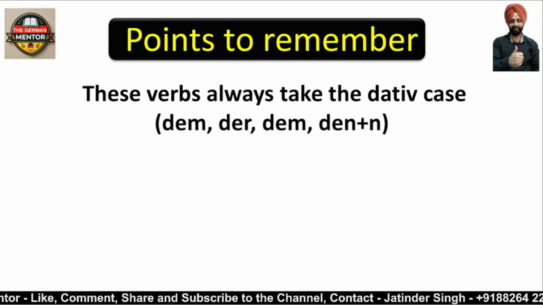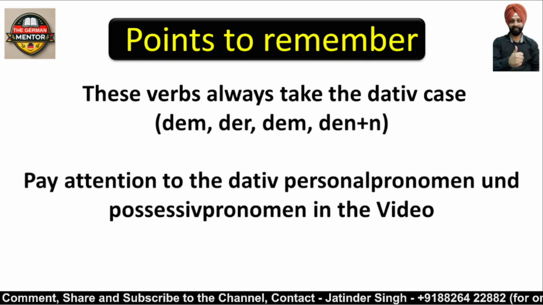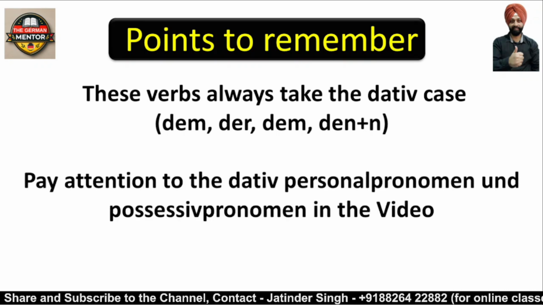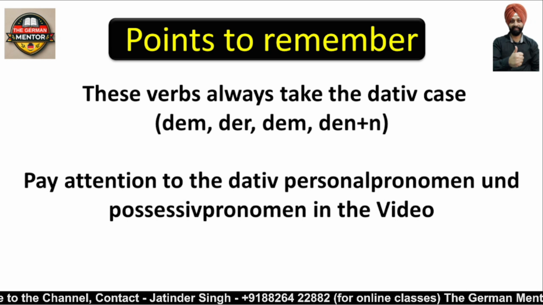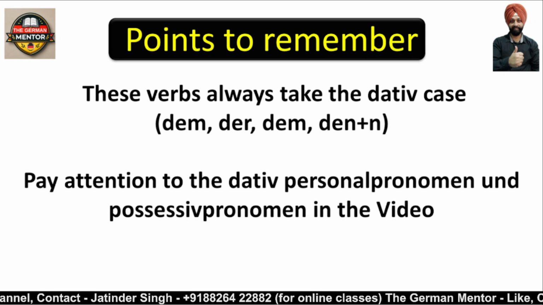And the second point is basically a suggestion for you. Pay attention to the dative personal pronouns and possessive pronouns in the video, because in these 25 random examples I have used some personal pronouns and possessive pronouns of the dative German case, right?